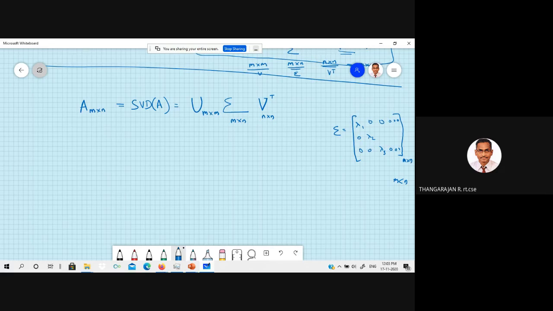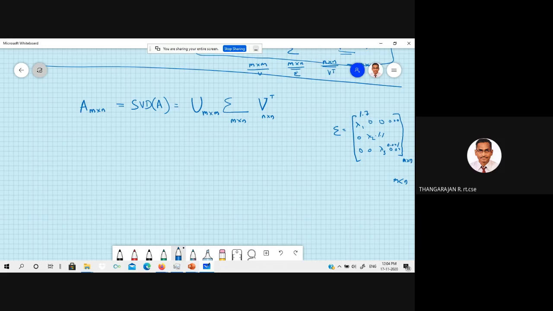Now I find that lambda 1 is the dominant eigenvalue. The value of this is, for example, 1.7, the value of this is 1.1, and the value of this is 0.001. Lambda 1 and lambda 2 are dominant, whereas the third eigenvalue, lambda 3, has a very small value, so I can ignore that.